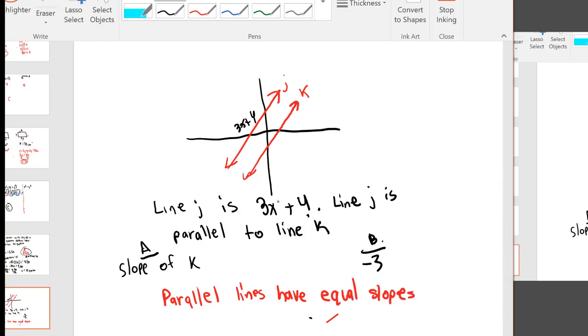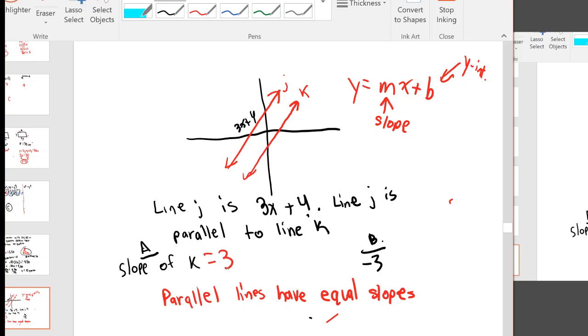So if J is 3x plus 4, this is in y equals mx plus b form, where m is the slope and b is the y-intercept. So the slope of line J is 3. That means the slope of line K, since it's parallel, is also going to be 3.